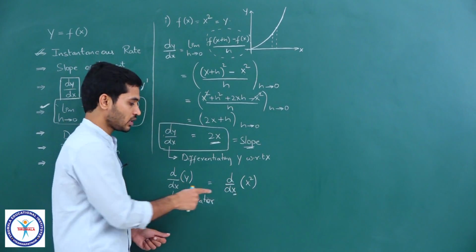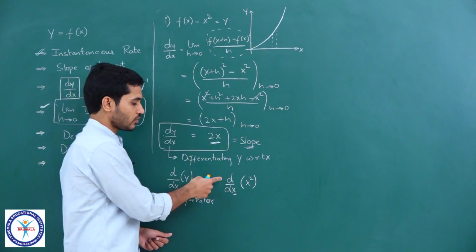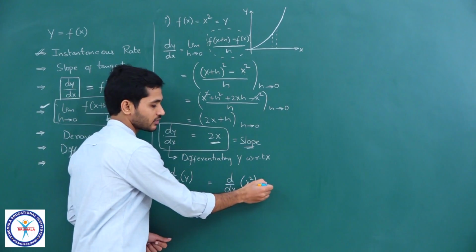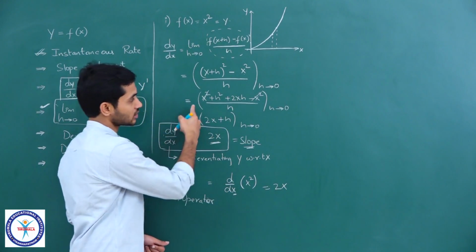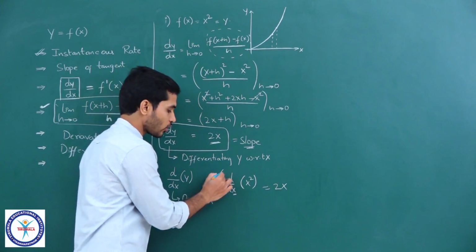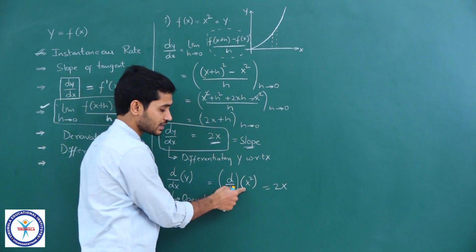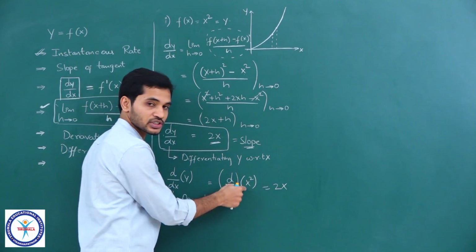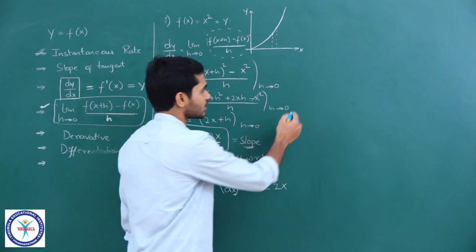Please listen carefully. d by dx of x square means we are calculating whatever this value gives us, which we calculated as 2x just now. Clear? So, when I am putting an operator like this in front of something, what I am calculating is the rate at which this function changes as I change x. Clear?